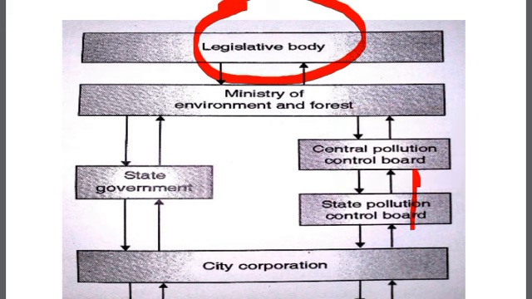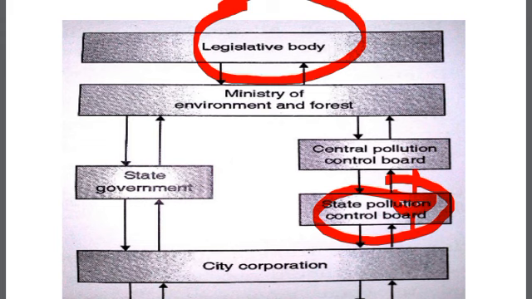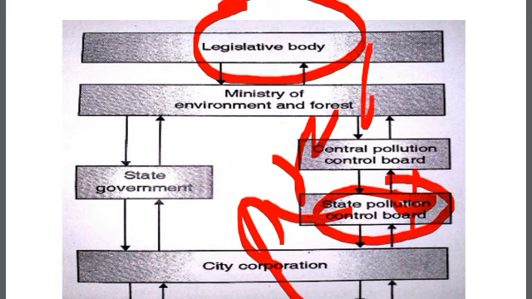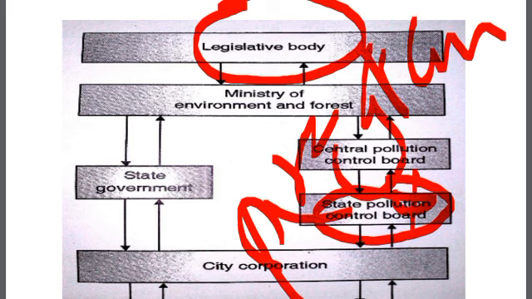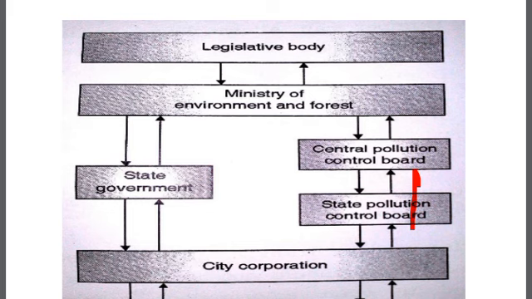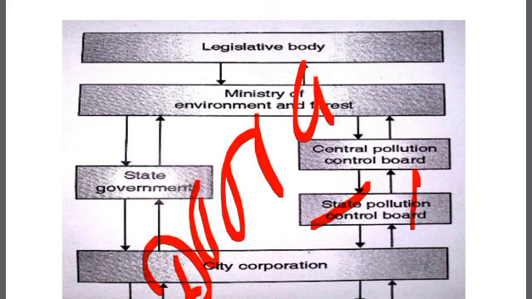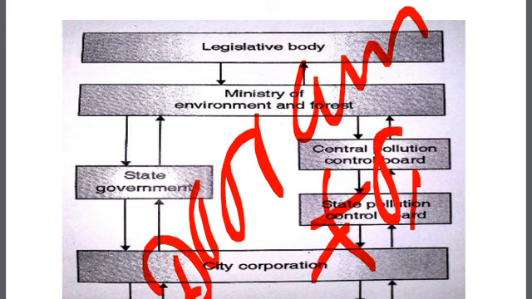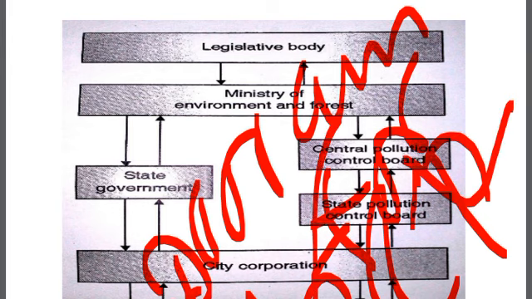Next, State Pollution Control Board. The function of State Pollution Control Board is that they plan programs for prevention and process.